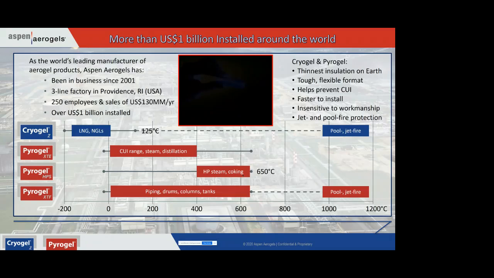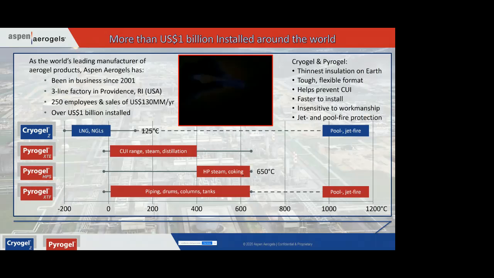So we were a spin-off, but we moved into the industrial marketplace around 2006. And between 2006 to date, we have now around $1 billion worth of installed base. And that equates to around 600 million square feet of the product installed.